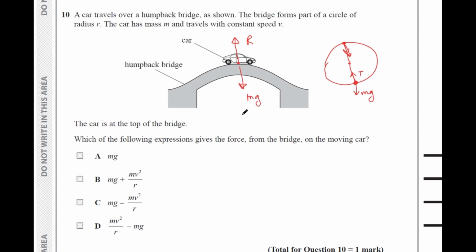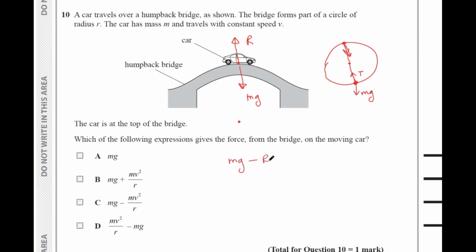And one more thing, always remember, in circular motion, centripetal force is exerted towards the center of the circle. Centripetal means center-seeking force. So in order to have sufficient centripetal force, the weight of the vehicle should be greater than the normal reaction force.